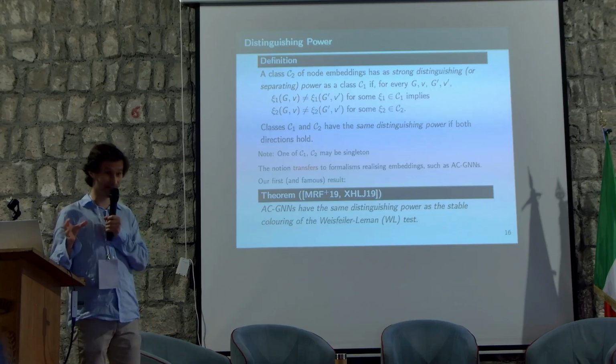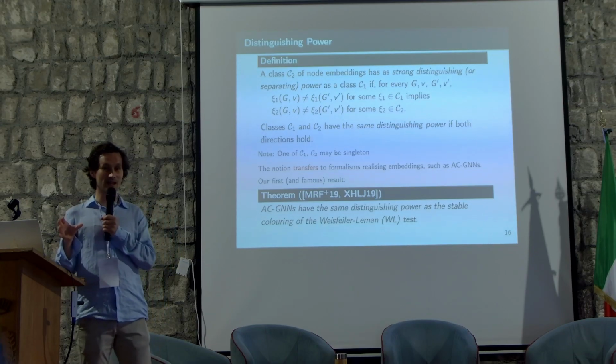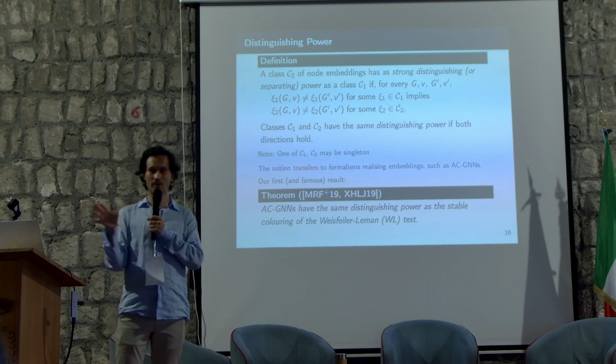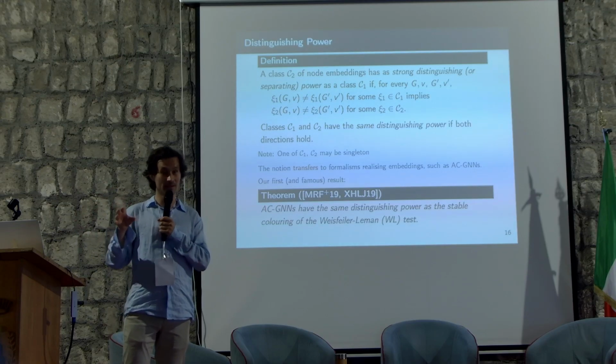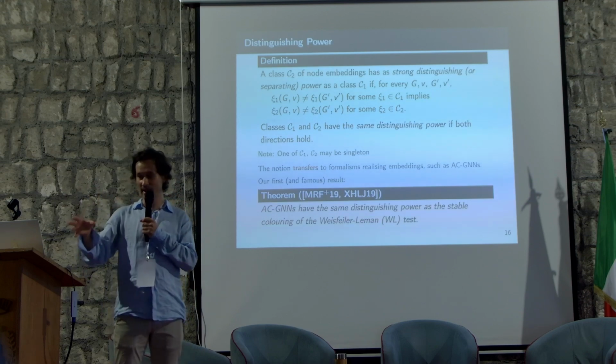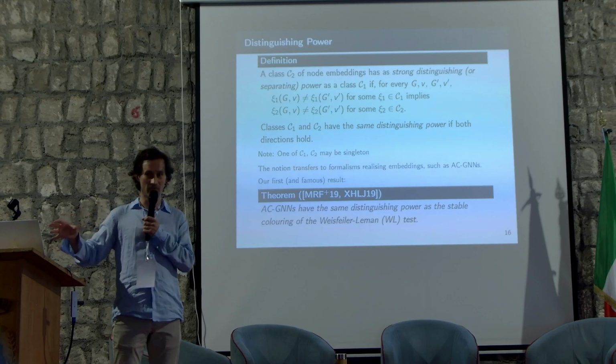I really like this result, and I like this type of results when we take something from one field, graph neural networks, and something from a completely apart, at first glance unrelated subfield of computer science. In this case, the Weisfeiler-Leman test is a test for graph isomorphism.